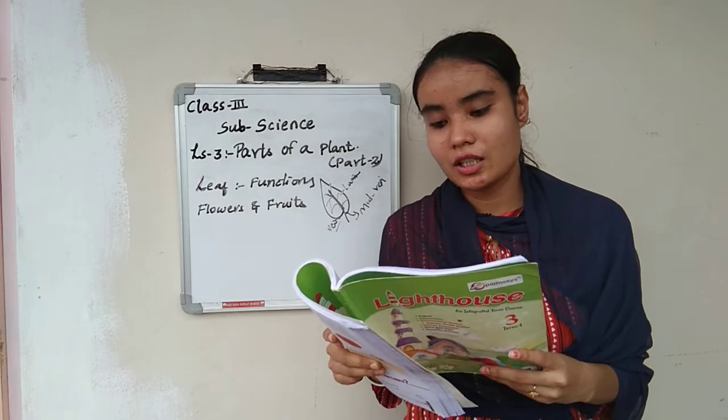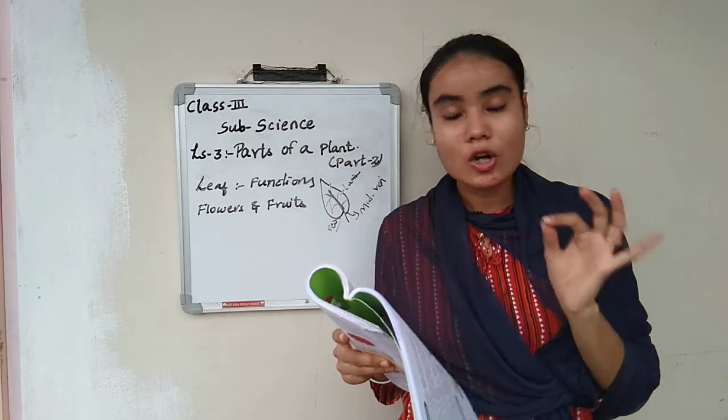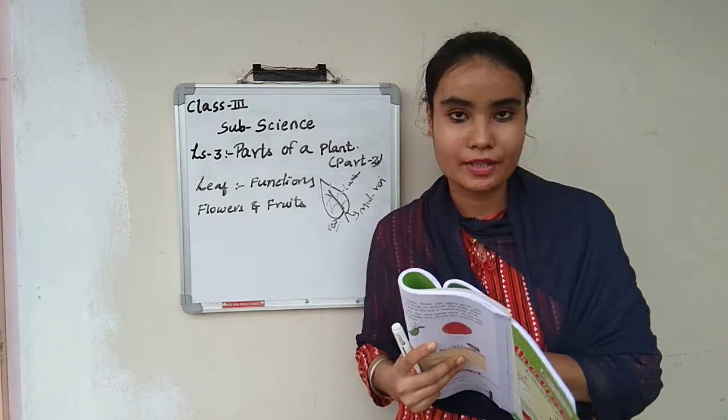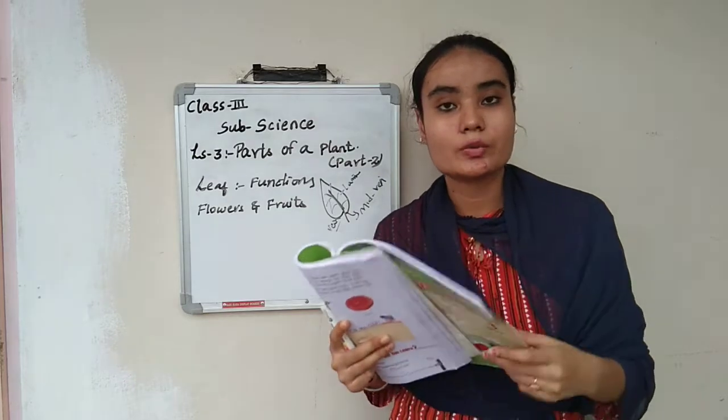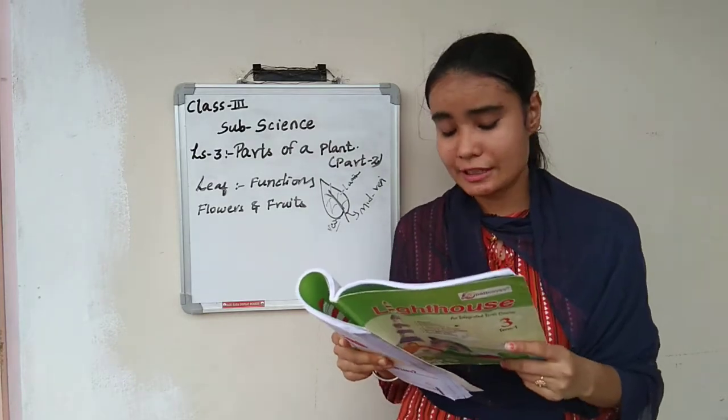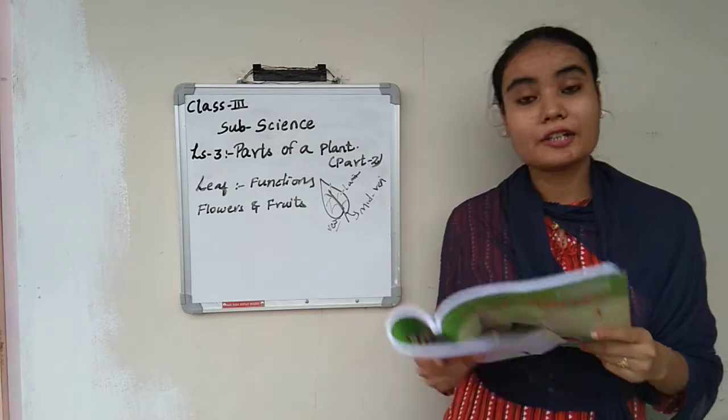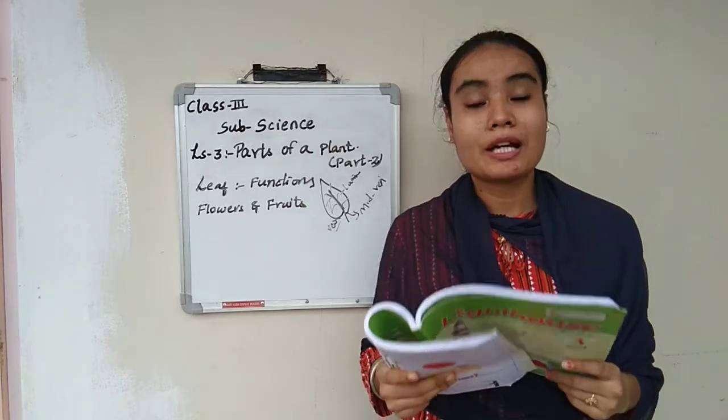Everyone has a leaf blade, and every leaf has tiny holes. What are those tiny holes called? Stomata.